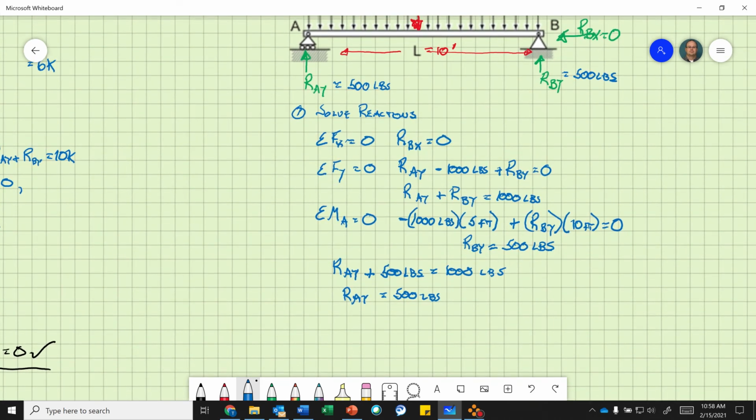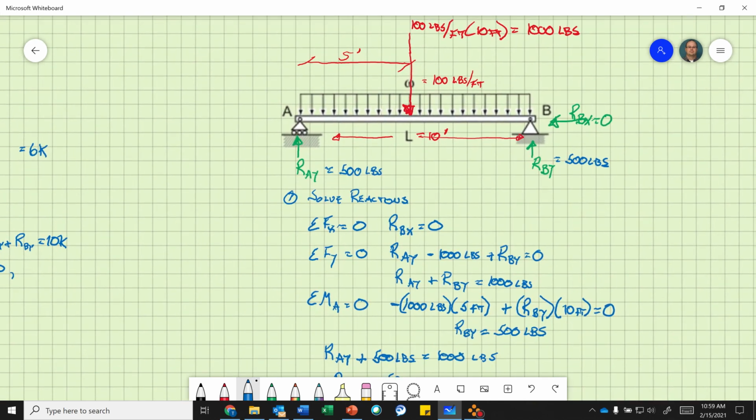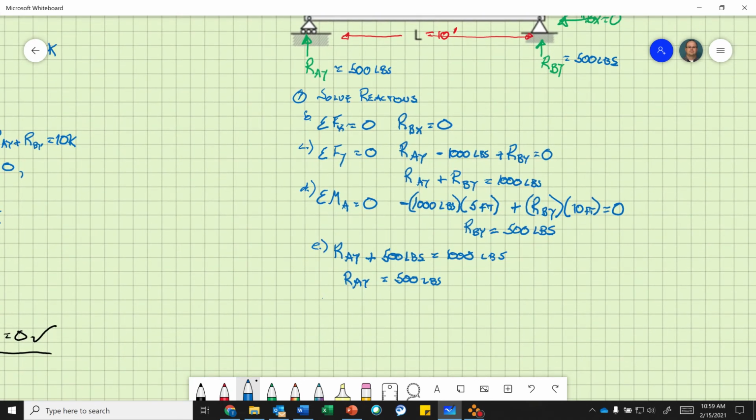Okay, check equilibrium. So this was step A, B, C, D, E. F is check equilibrium.